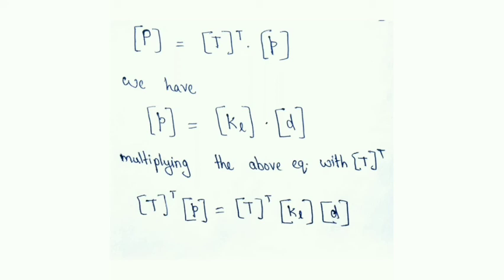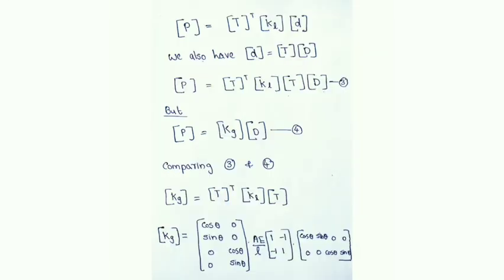You can see it above. It is capital P equal to T transpose small p. So we can rewrite the equation as global P is equal to T transpose KL into small d.